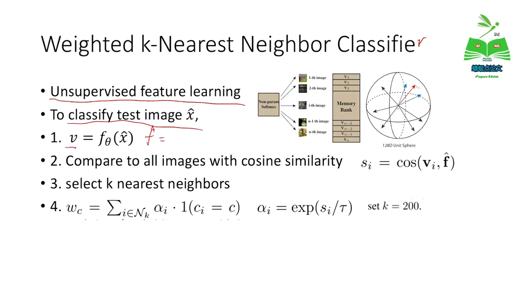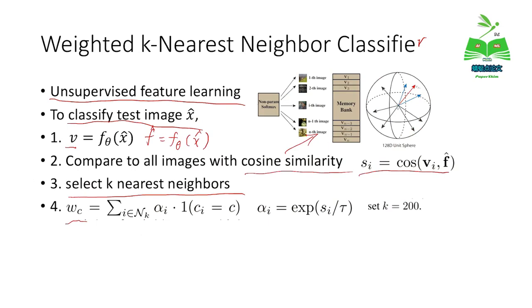In fact, it's this one. Then we compare it with all images with the cosine similarity. So this is the f hat compared with all features in the memory bank, and then select the top k nearest neighbors and compute the weight w for each class.